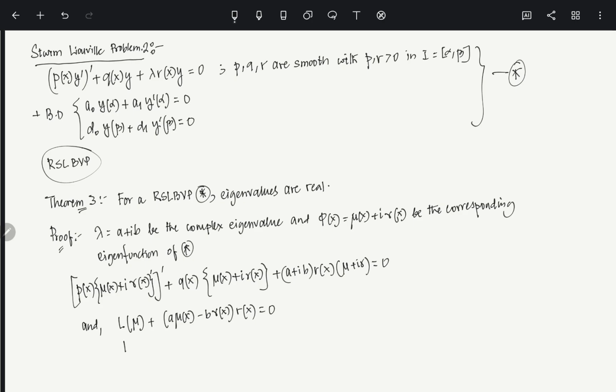And what is L? As we have talked about in the last video also, L of y is (p y')' plus q y. That's your L. So these two are possible. Please check this part.